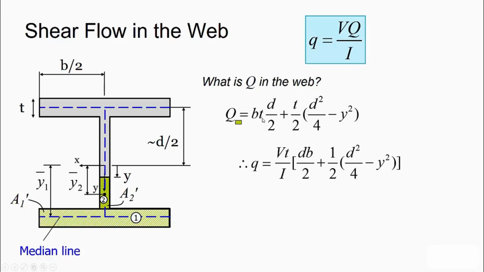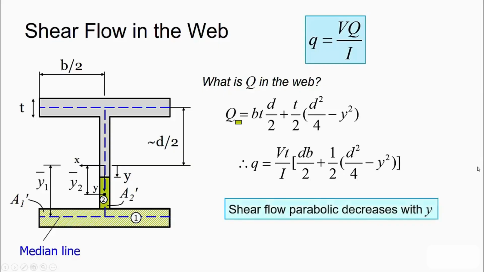We can factor out t from this expression and get Vt over I times [db over 2 plus 1/2 (d squared over 4 minus y squared)]. What we can recognize from this is that this expression is parabolic. It varies with y squared, and it varies from a maximum at the neutral axis, and it decreases as we go away from the neutral axis.